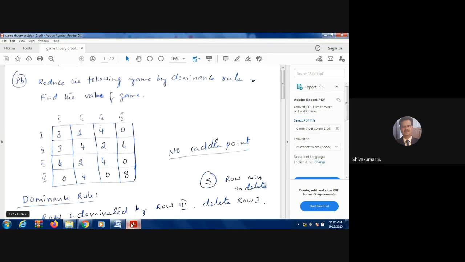So of course the dominance of row 1 would not go for second row. Third row: 3 less than 4, 2 is equal to 2, 4 is equal to 4, 0 is equal to 0. So we say that row 1 is dominated by row 3, and delete row 1.